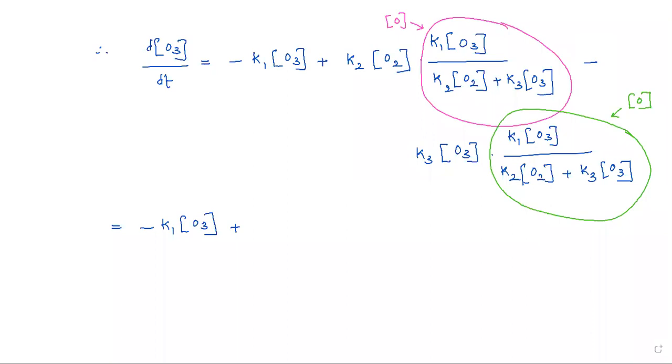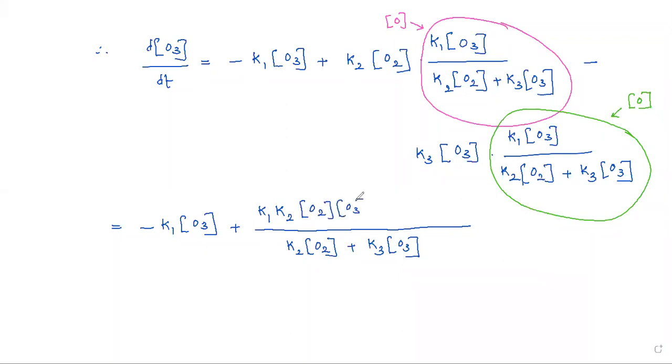Coming to the second step and third step, in the denominator we got the same thing, right? So let us take the LCM. Now coming to the numerator, we got K1 into K2 into, of course, O2 into O3, right?